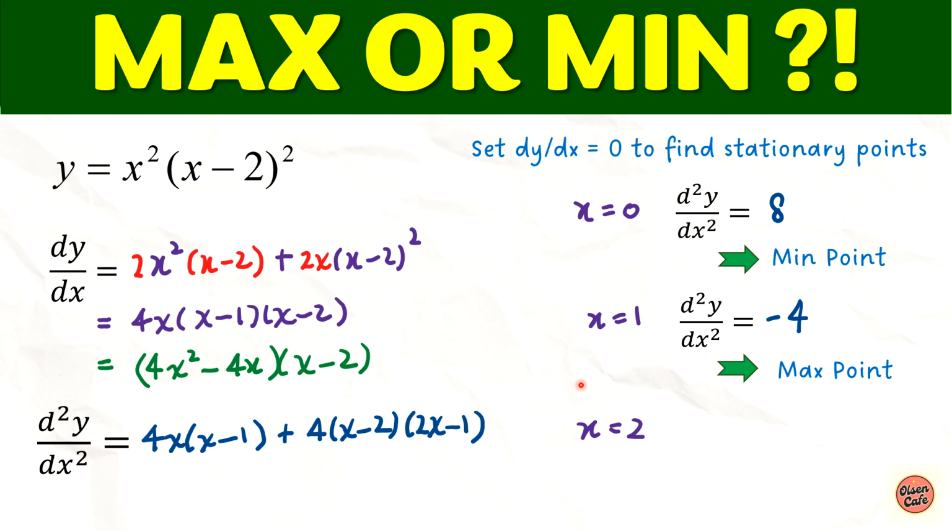I'm going to do the same thing and substitute x equals 2 into the second derivative. You will notice that you again get the second derivative equals 8. So with this, I can conclude that x equals 2 will give us a minimum turning point.